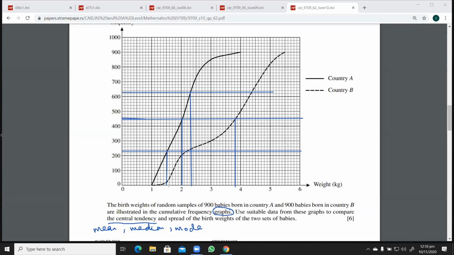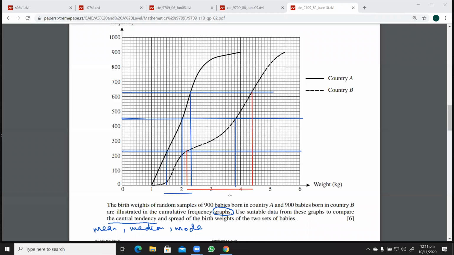So you can find the interquartile range over here for country A, and for country B, if I draw this red line here and the red line here, you see that there is a greater interquartile range.